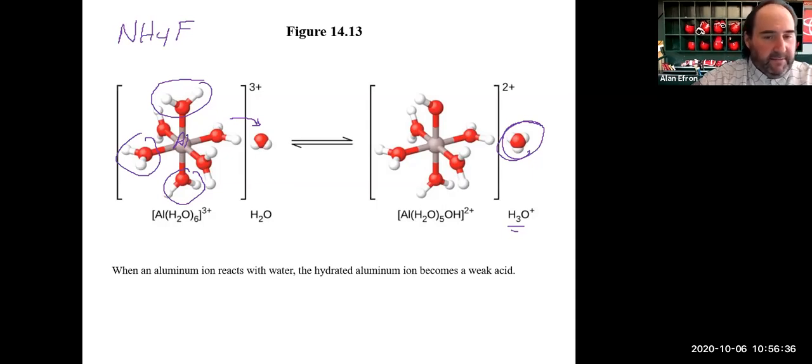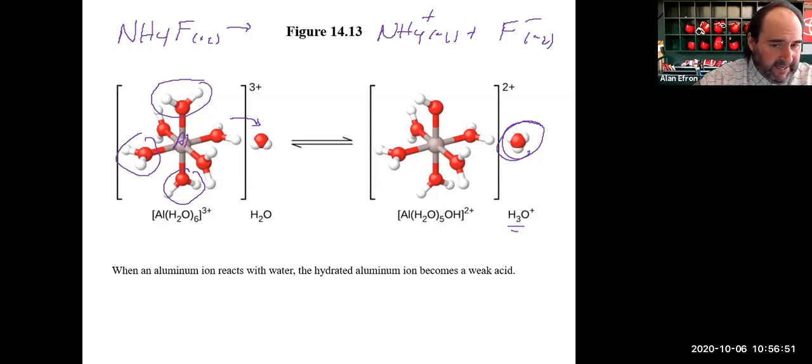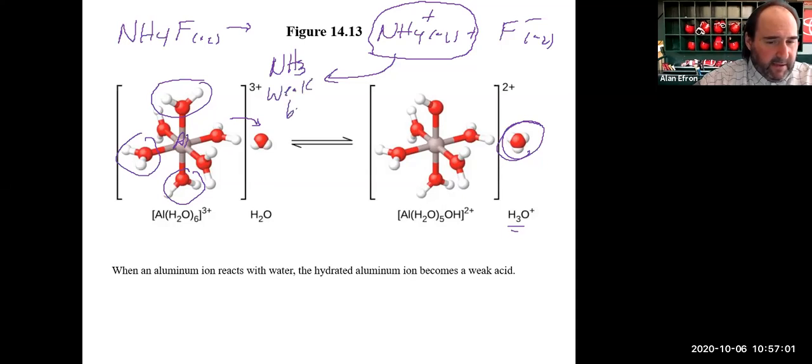So if you had something like ammonium fluoride, when it breaks apart, it would be NH4 plus and F minus. So when you look at this NH4 plus, if we again think about it backwards, it most likely came from NH3, which is a weak base, which means this guy would go through hydrolysis.